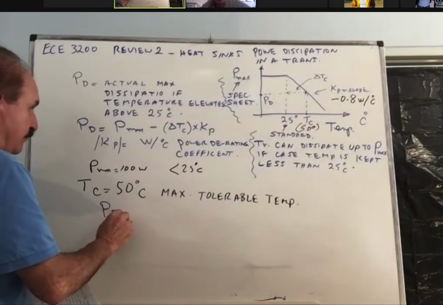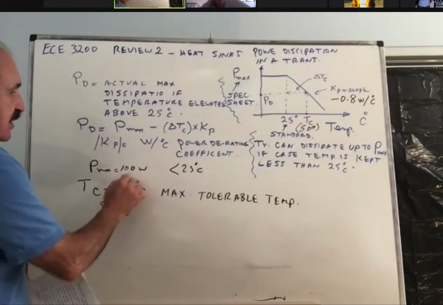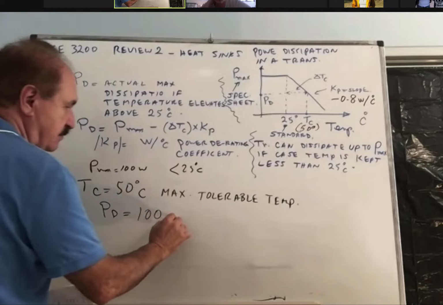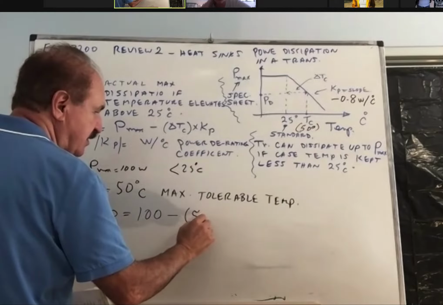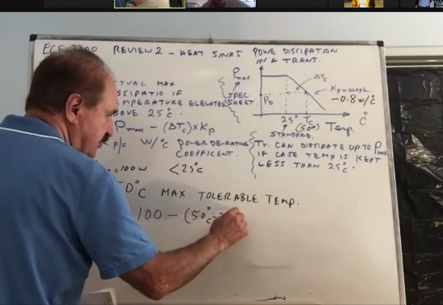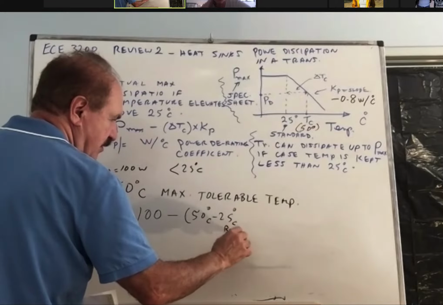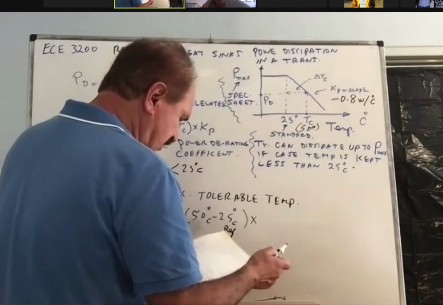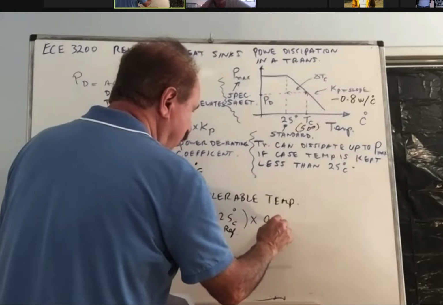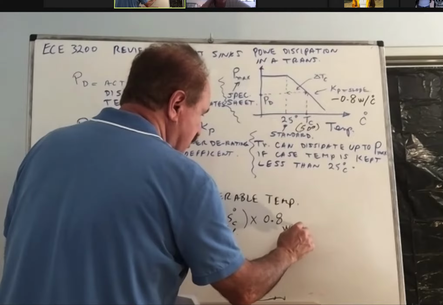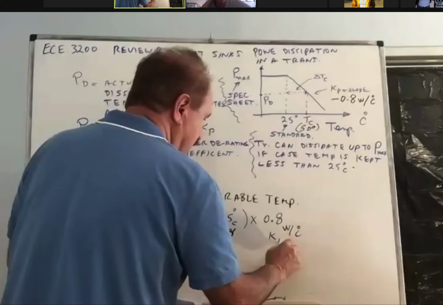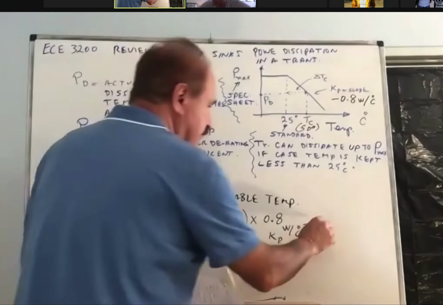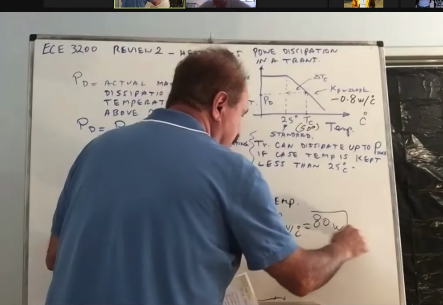P dissipation is going to be equal to the 100 watt, which is given at 25, and then you will deduct delta C, which is 50 degrees Celsius minus 25 degrees Celsius, that's the reference, multiplied by Kp, 0.8 watts per degree Celsius. This is the K. Work this out, and of course, 80 watts. That's it.